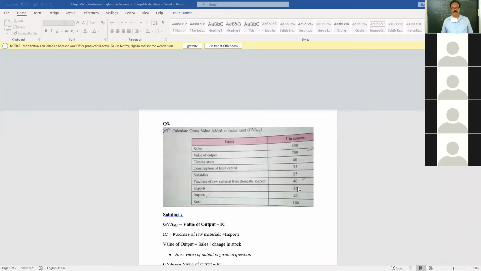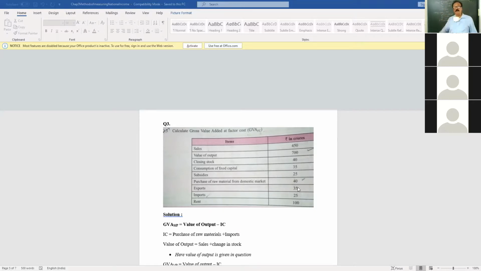Normally, children, imports is a part of intermediate consumption. But when purchase from the domestic market is there, in that case, we will add imports. So 40 is the purchase from the domestic market, plus 25 is the import.